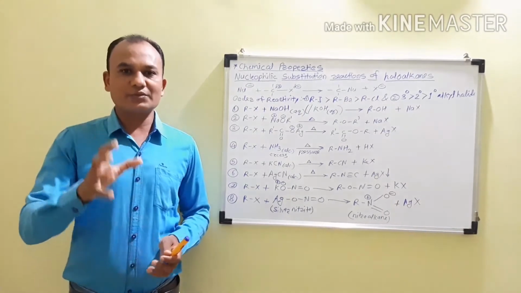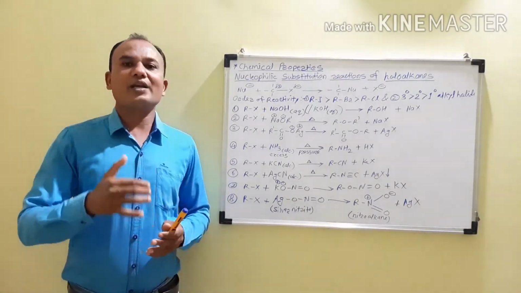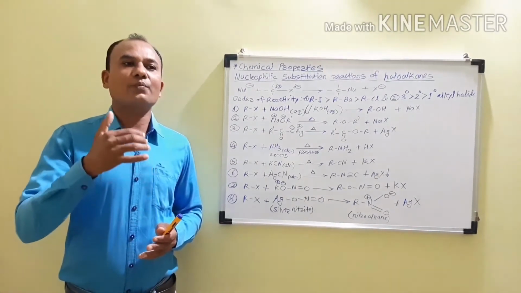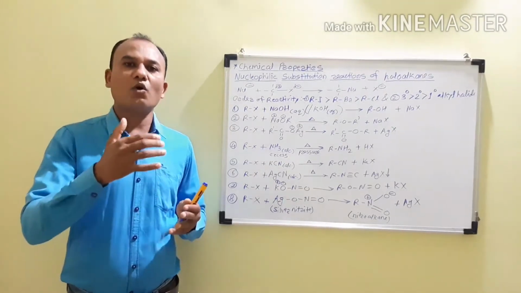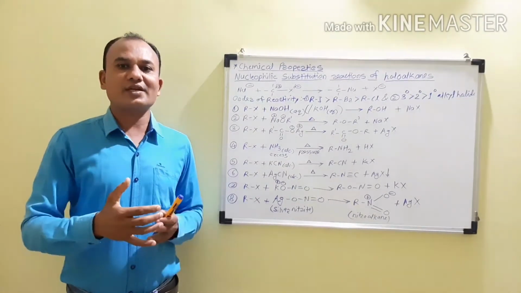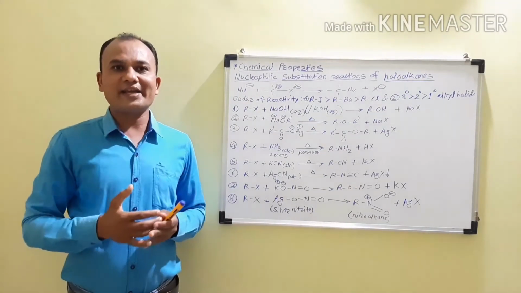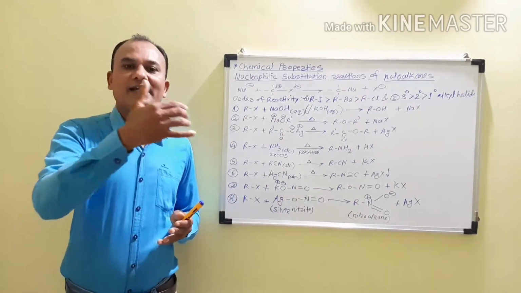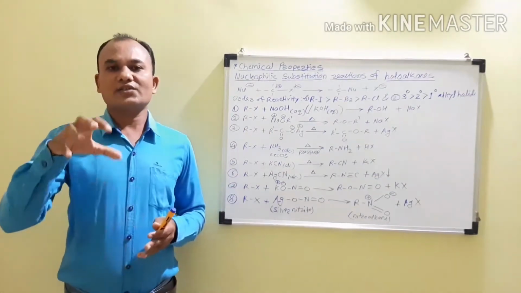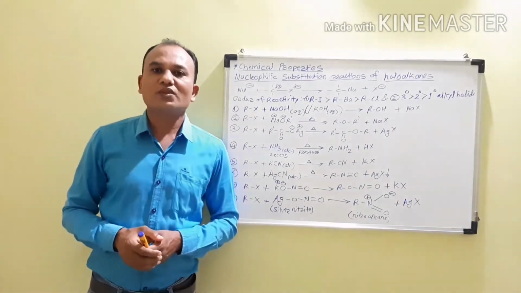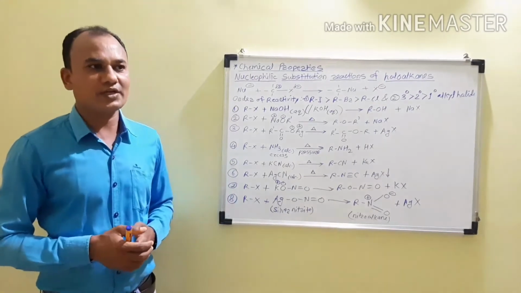It means in the substitution reaction there is a replacement of atoms or groups from the substrate by the atoms or groups of the attacking reagent, and after that we get the substituted product. Such types of reactions are called the nucleophilic substitution reactions.